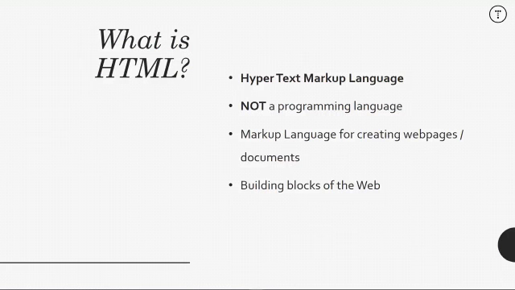An example of a programming language would be JavaScript or PHP or C#. These are intricate languages, and they're responsible for things like connecting to a database, for like an online store, user login, dynamic functionality, things like that. Now, with that said, that doesn't make any programming language more important than HTML.